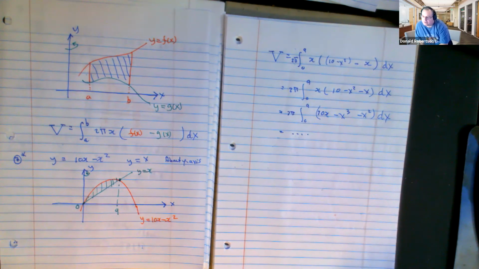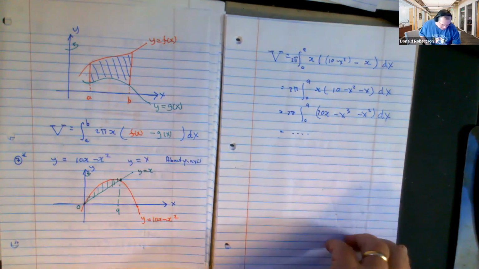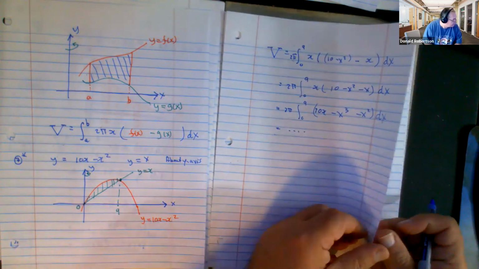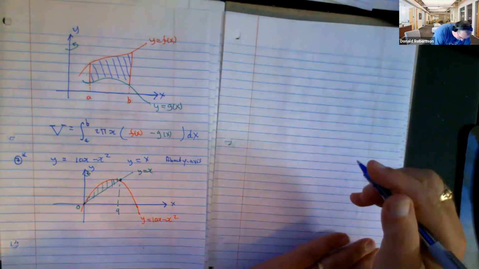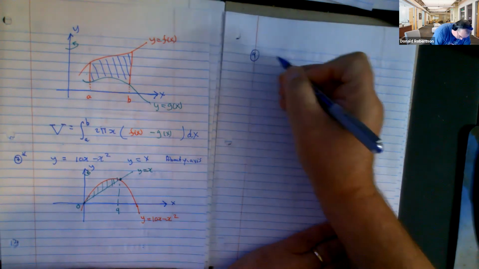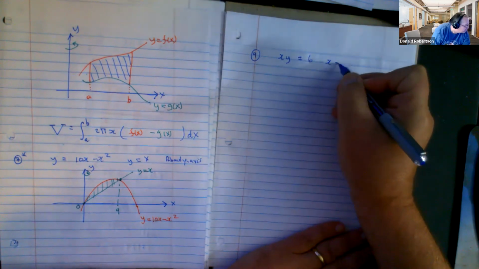Area between two curves rotated about the y-axis is just a matter of adapting our formula just a little bit. So how about this one? xy equals 6, x equals 0.